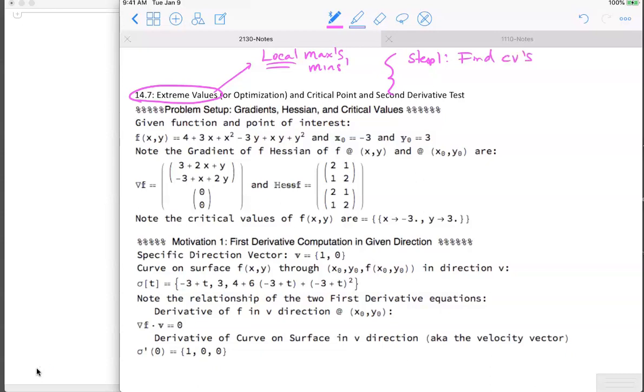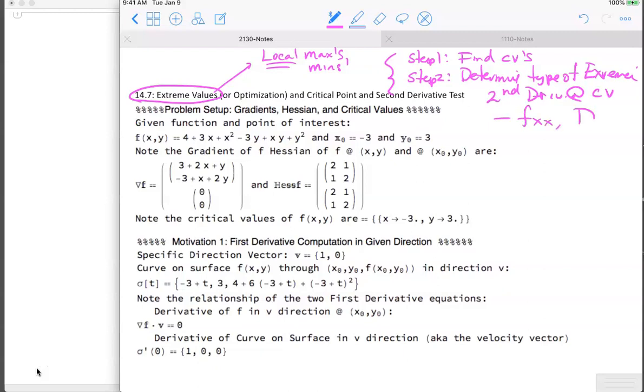Out of all possible values of x and y, it's the critical values which are the only places where you have a chance to have a local maximum or minimum. To determine the type of extrema, we're going to run the second derivative test at that critical value, which means you first need to find fxx.